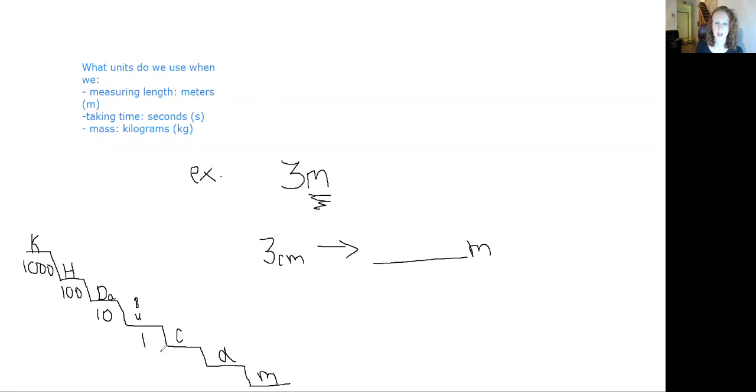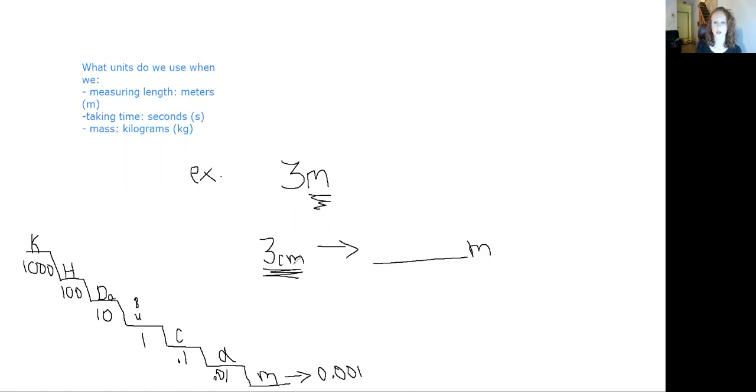Then you have the base unit of 1, a centi is a 0.1, a deci is a 0.01. So you have tenth, a hundredth, and a milli is a thousandth, 0.001. Okay? So let's go back to our example.